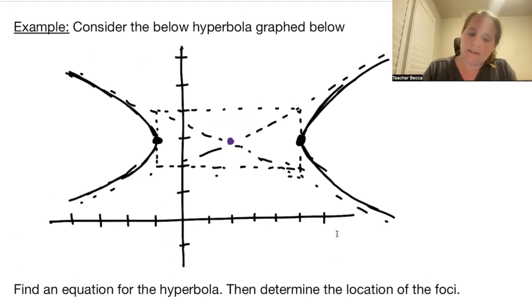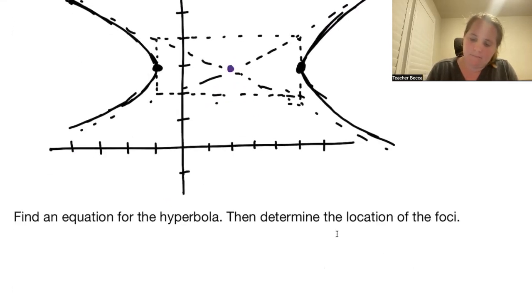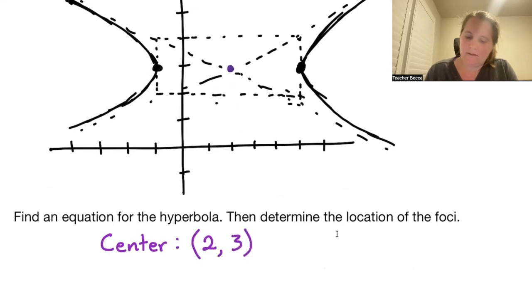Our center is at (2, 3), so that's our (h, k). Our transverse axis is horizontal.